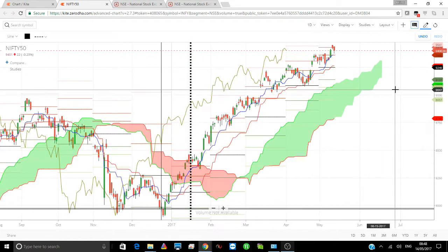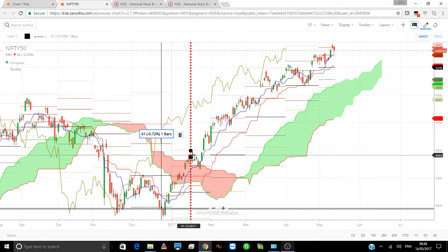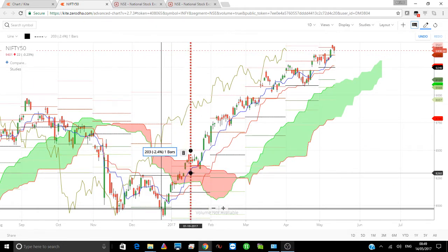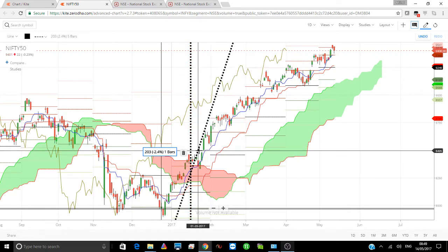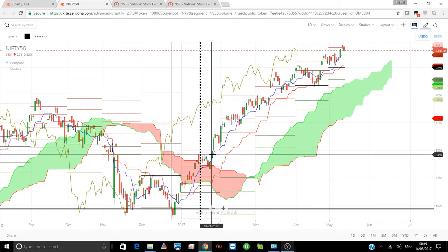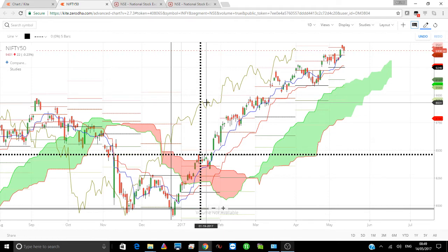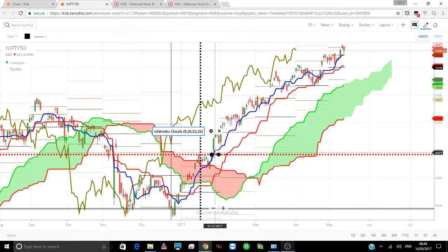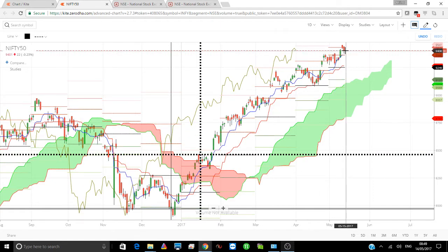Another way of looking at it is when you have the first breakout, just look at the top of that candle, and then based on that candle top, let me first get this going. What's happening? So based on that top of that candle, I would wait, and this is where the break of that candle happened on this day, which is 24th January 2017 at a price point of about 8400, and today Nifty is already 9400.